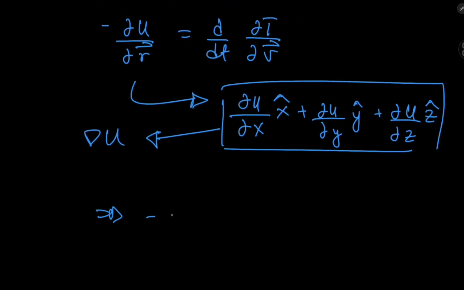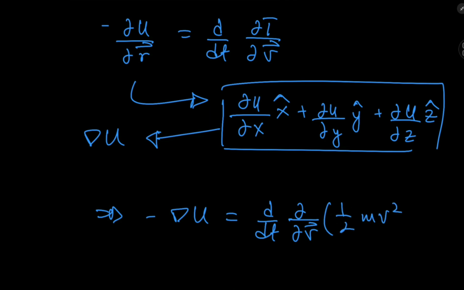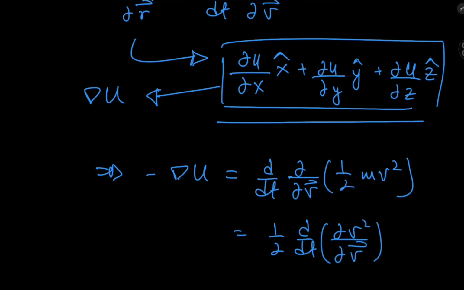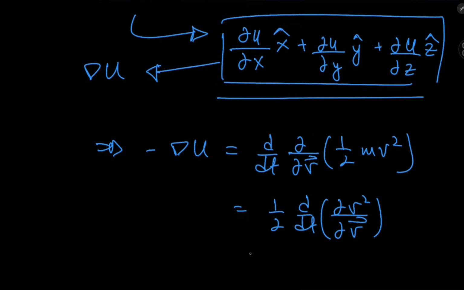So this implies that we have negative grad U being equal to d by dt of partial T by partial v, which can be expanded as 1/2 of mv squared. So 1/2 of m is just a constant. I'm writing that out here. And if you differentiate v squared with respect to the velocity vector v using the same expansion I've outlined above, we get twice, oh, forgot the mass of the particle here, we get twice the velocity vector.